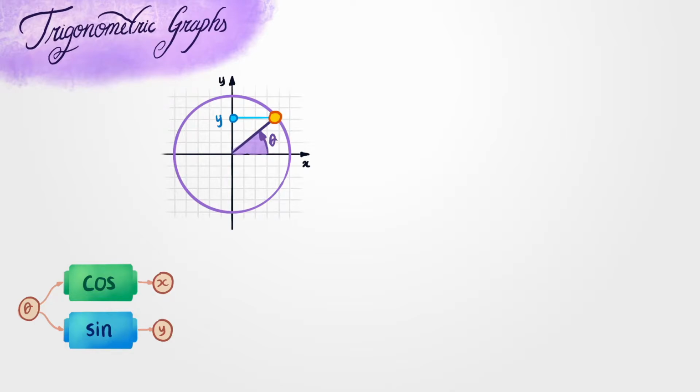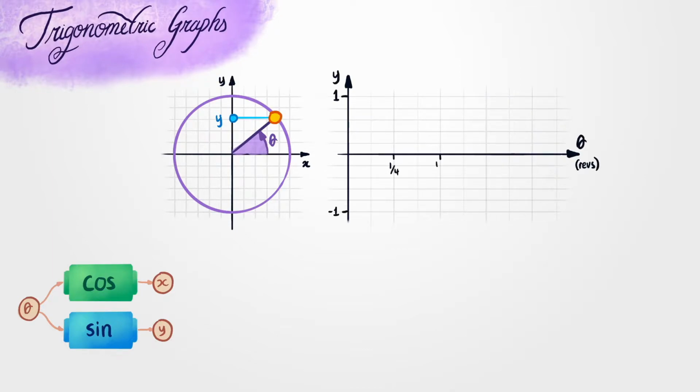Now to actually visualize this function properly, we're going to need to use another axis. Now I'll raise the point just a tiny bit so it's exactly at 1/8 of a revolution. We'll also fill in the y-coordinate when the angle is 0 as well.